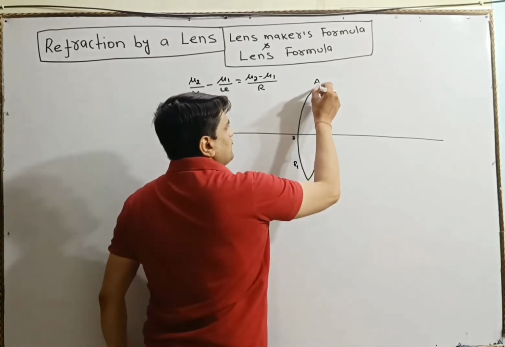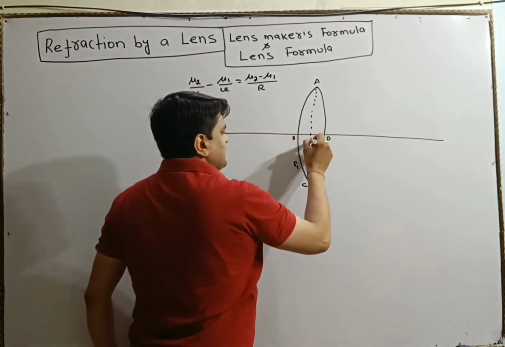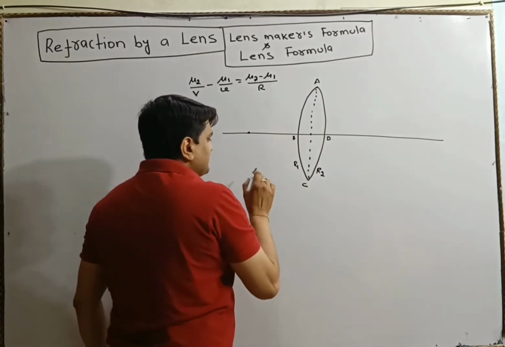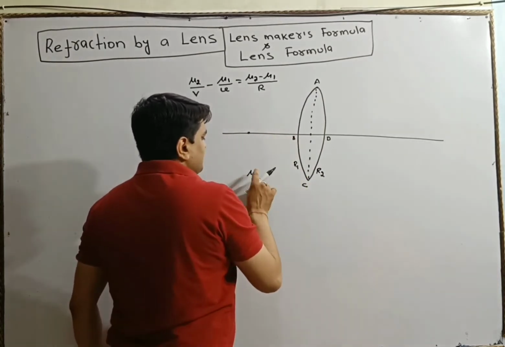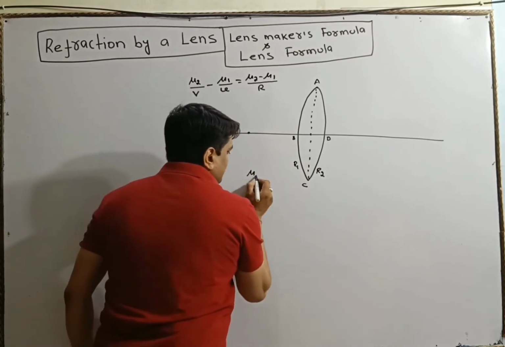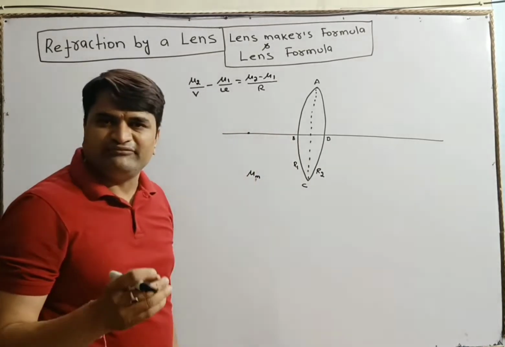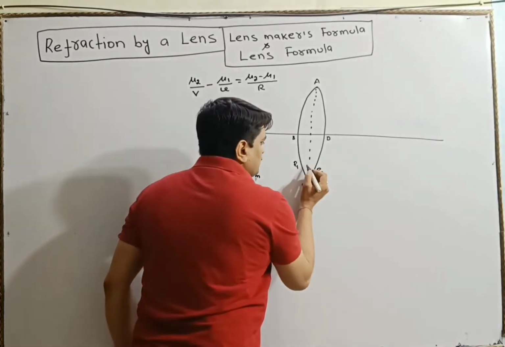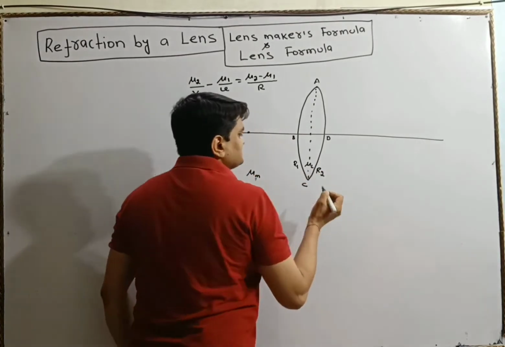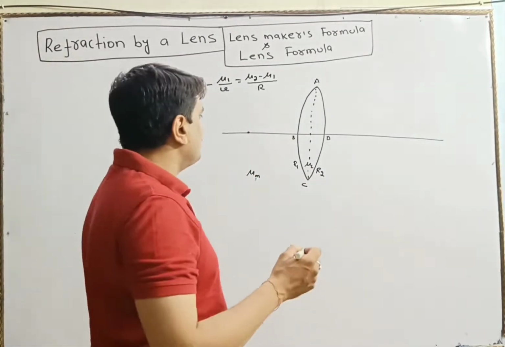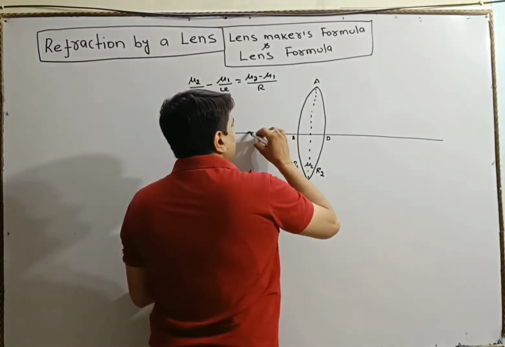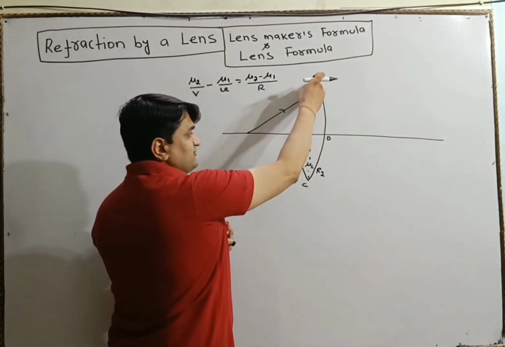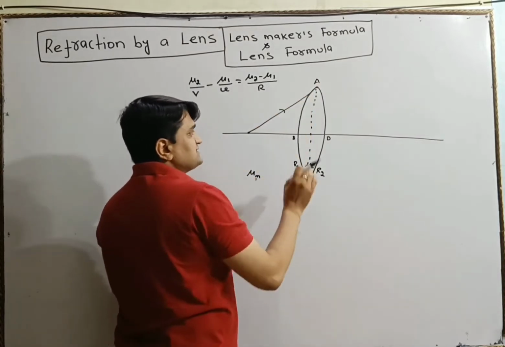Okay. Now let us consider the object is here and the medium of the object is mu m. I have written m because it is the refractive index of the medium, and the refractive index of the lens is, let us consider, mu l. Now, if light falls on it, first it will be refracted from ABC, the first surface.